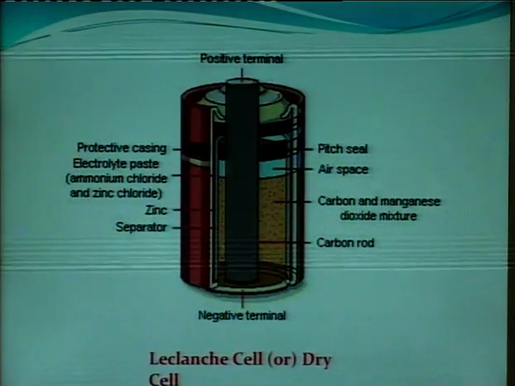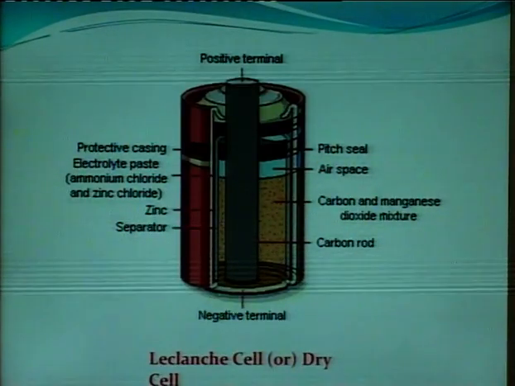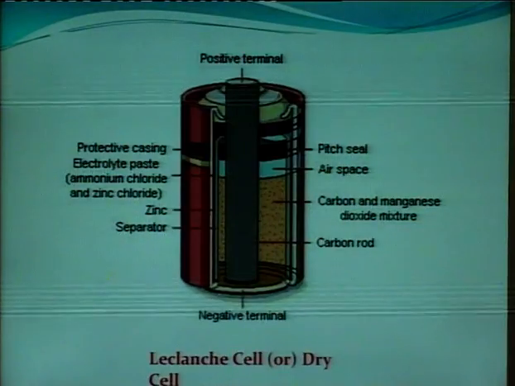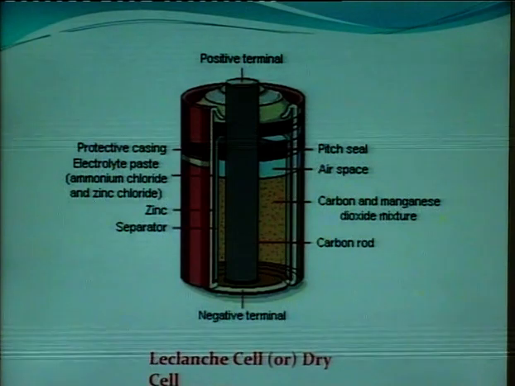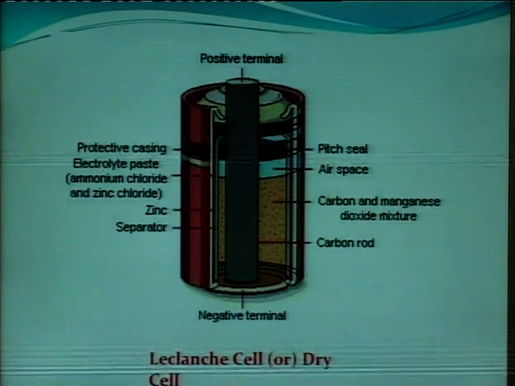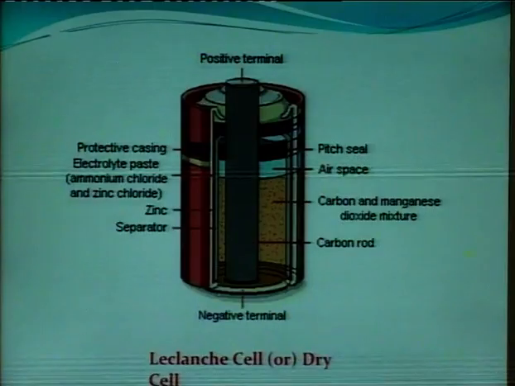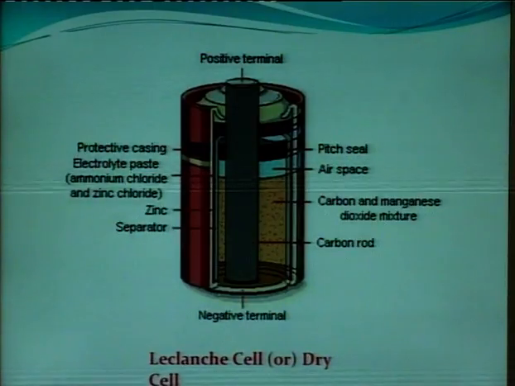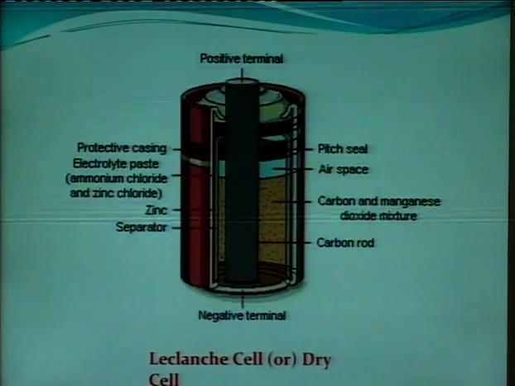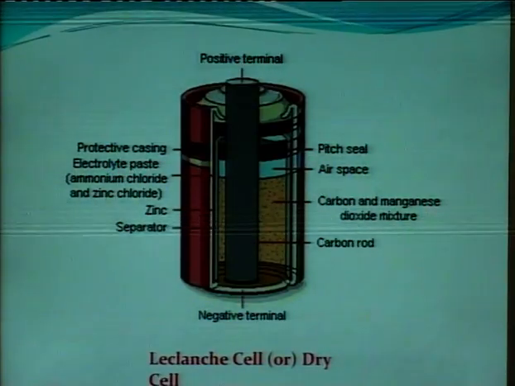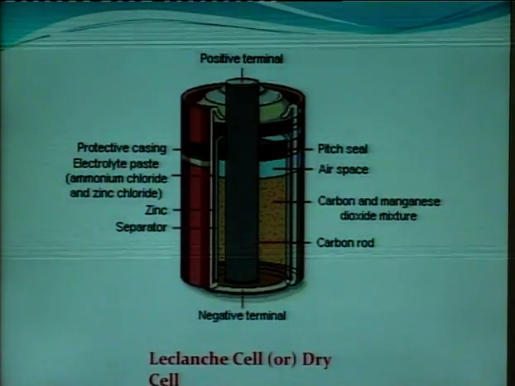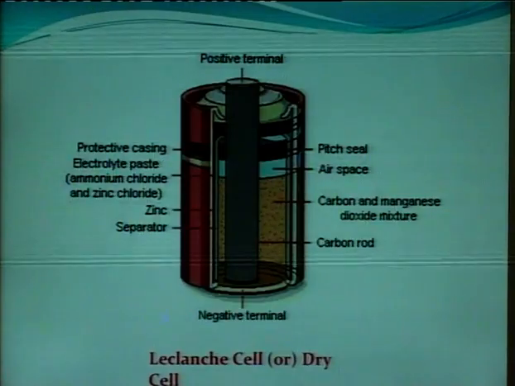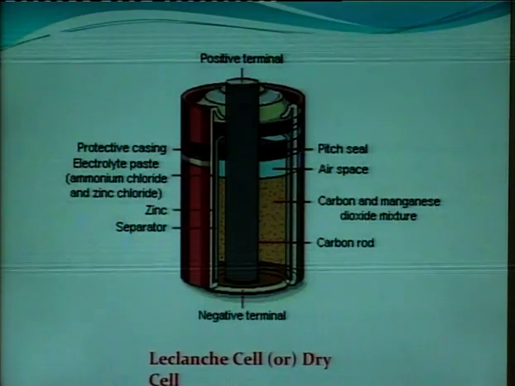In the center there is a graphite rod, and an electrolyte solution of ammonium chloride is surrounding the graphite rod, and there is a zinc strip that is separated by the dry solution. The negative terminal is at the bottom while the positive terminal is at the top of carbon.